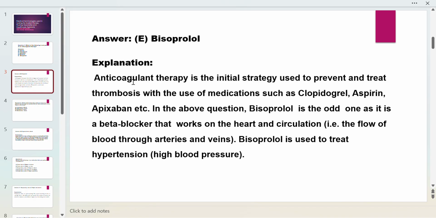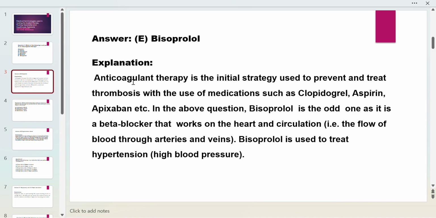It is a beta blocker that works on the heart circulation, i.e., blood flow through arteries and veins. Bisoprolol is used to treat hypertension or high blood pressure.